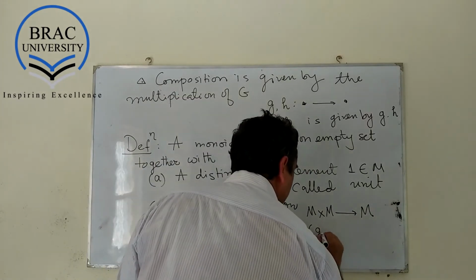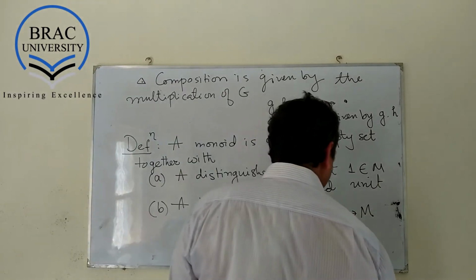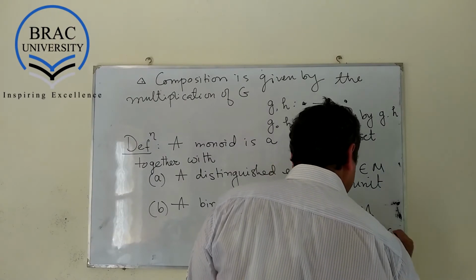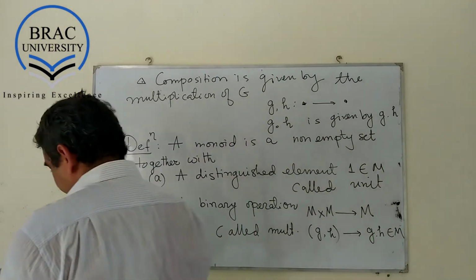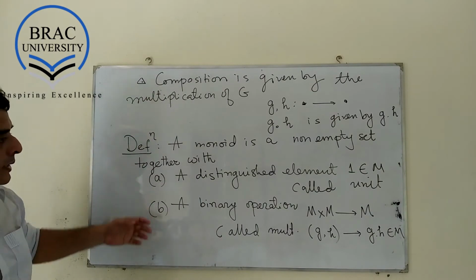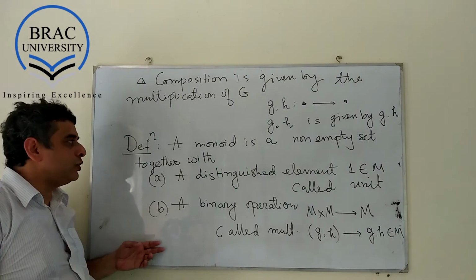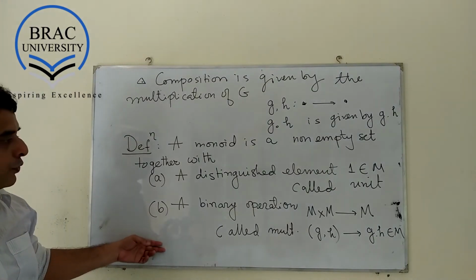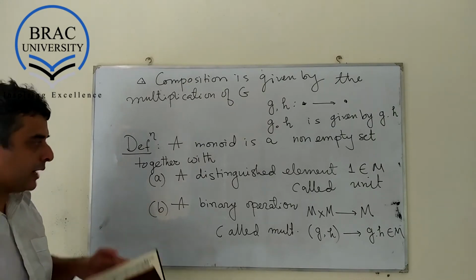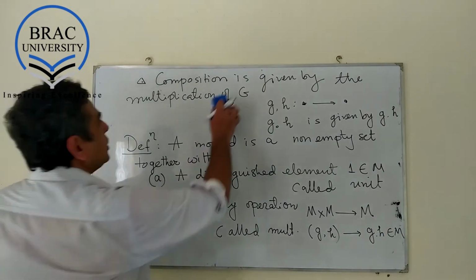That is, for each pair from M cross M, we must have g dot h in M again. You should remember that there was a third notion in the definition of group called the inverse, which we have relaxed here. There are only two here, and we require this structure to satisfy the following properties.